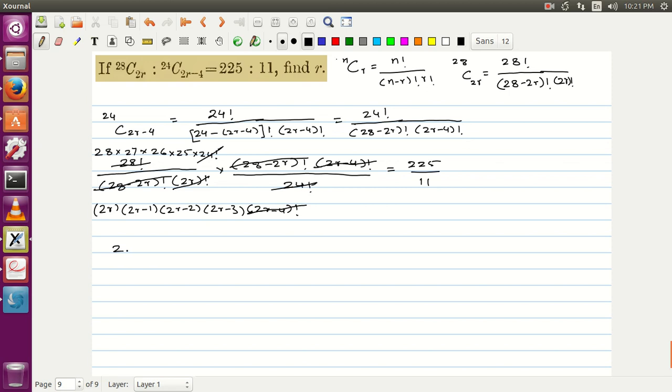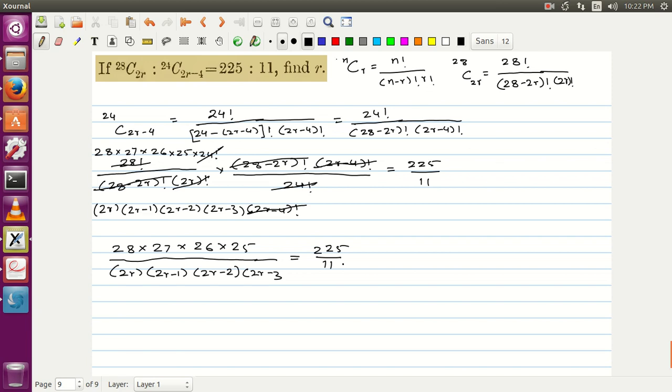So you will have finally 28 times 27 times 26 times 25 divided by 2r times (2r minus 1) times (2r minus 2) times (2r minus 3), and this is equal to 225 divided by 11.